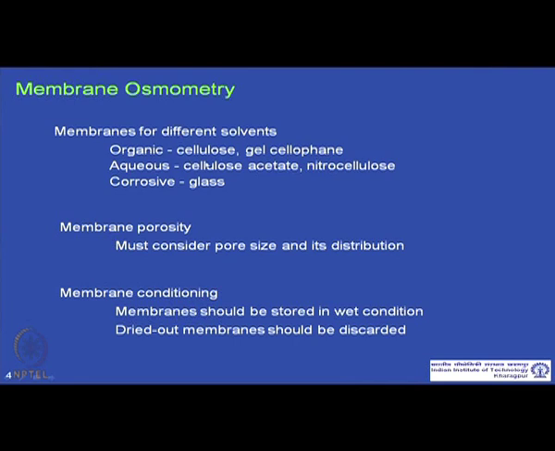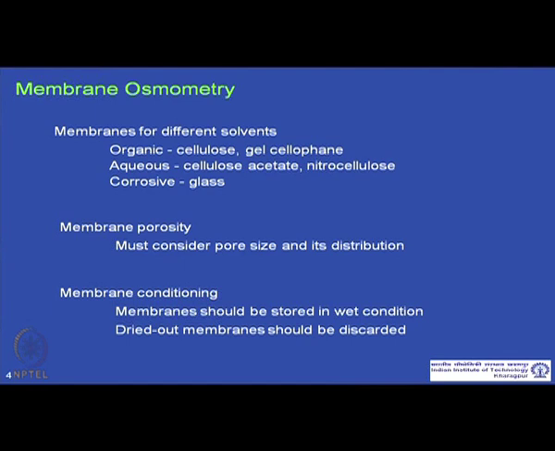For organic solvents, it could be cellulose or cellophane. For aqueous solutions, we can use cellulose acetate or nitrocellulose, and if you have a corrosive solution, then we can use glass membranes. Membrane porosity and its distribution must be considered, because that will determine the lower cutoff, and its surface area also contributes to the time it requires for equilibration.